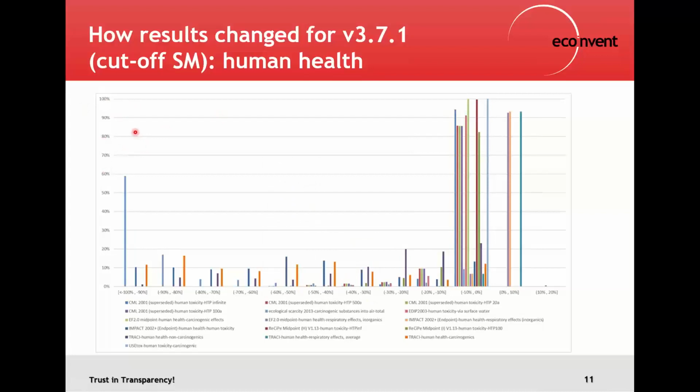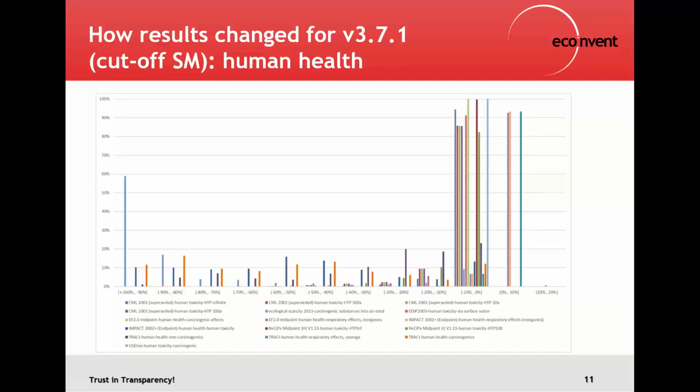So what you can see here in the horizontal axis, we're looking at intervals of change in the results. And you can see 0, minus 10%, minus 10%, 20%. And what you can see in the vertical axis is the proportion of data sets that are affected by the change in the scores between 3.7 and 3.7.1.